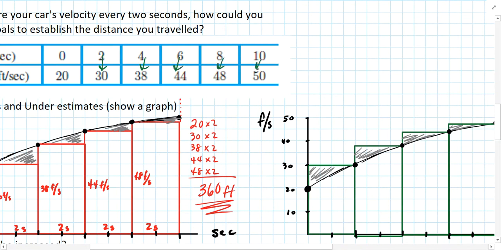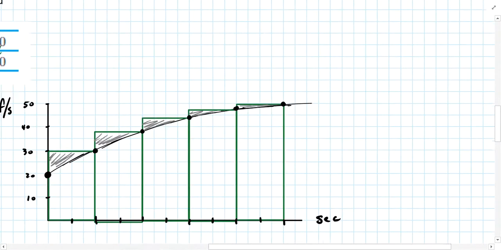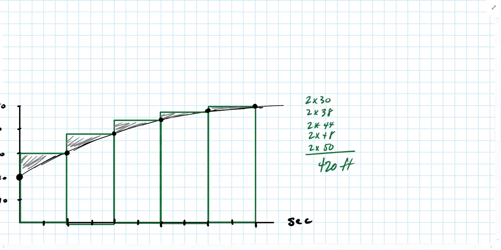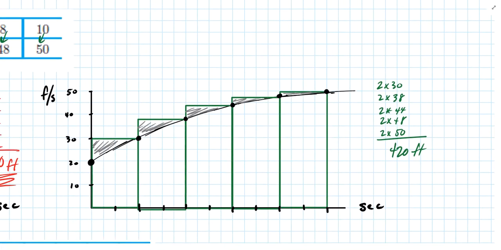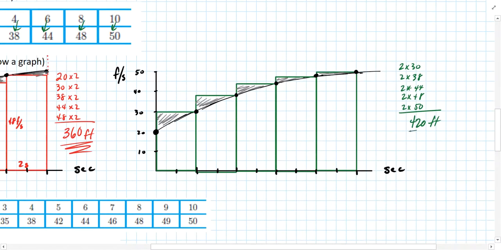So the heights are now from 30 up to 50. As we calculate the area of each of these rectangles and sum them together, we get 420 feet. And this, again, is an overestimate because every one of these rectangles is taller than the curve itself. So the area inside of these green boxes is greater than the area underneath that curve.